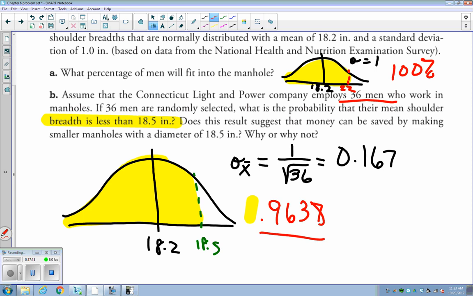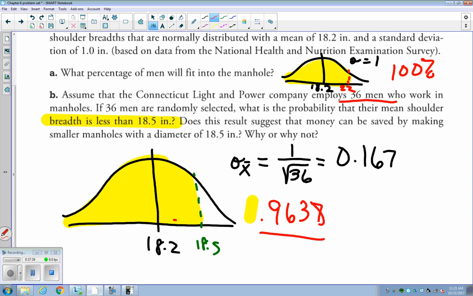Yes. What we found in part A was that almost 100% of men would fit in a 22-inch diameter hole. This one, we found just a random sample of 36 would be 96% of those samples.